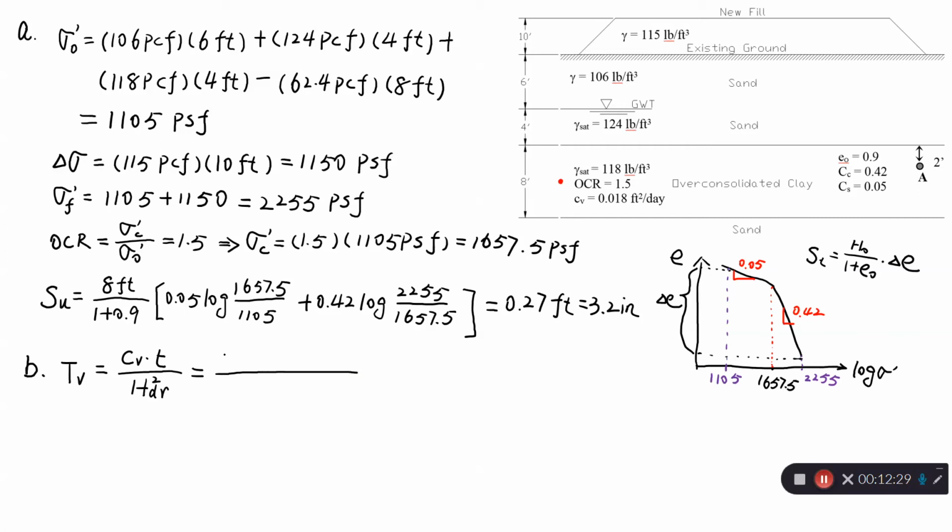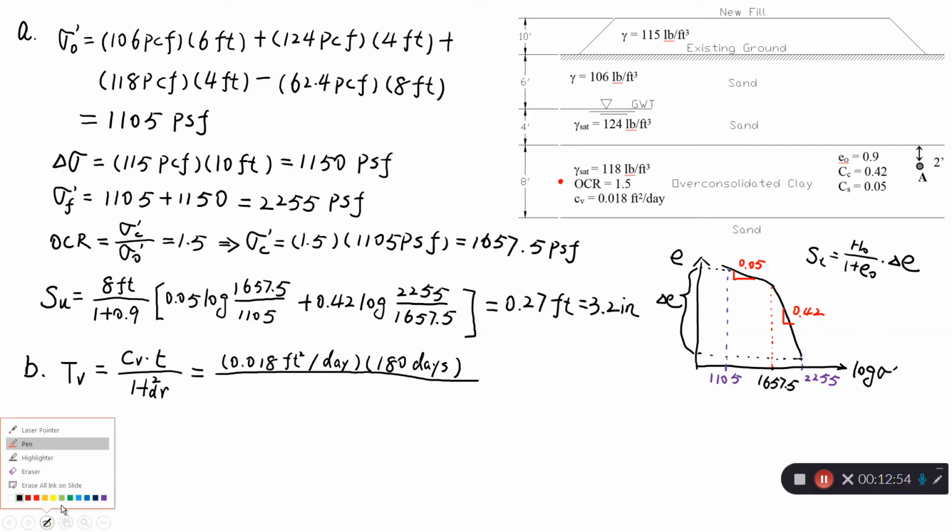C sub V is 0.018 feet squared per day, and 6 months is 180 days, divided by H sub DR, which is the drainage path.